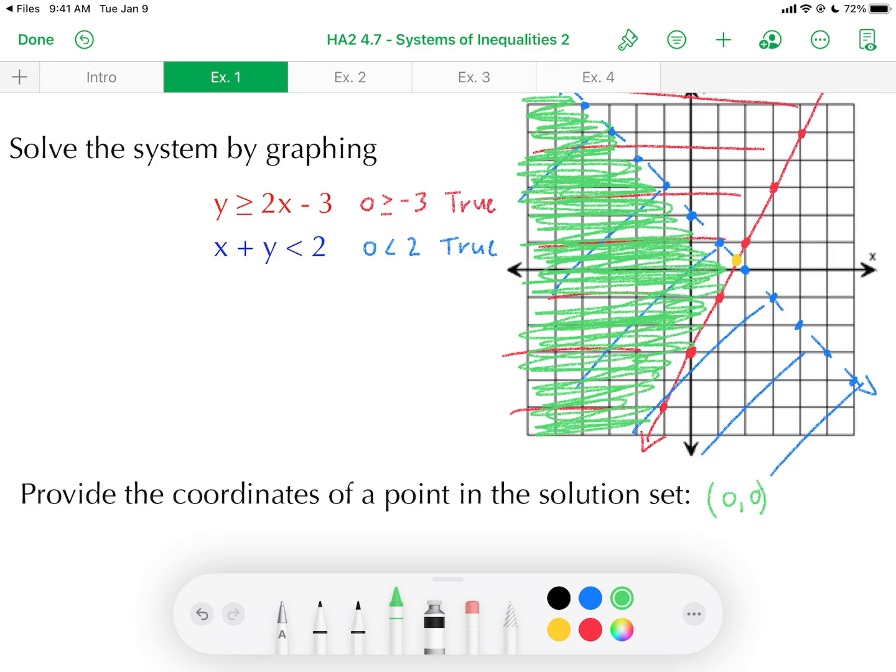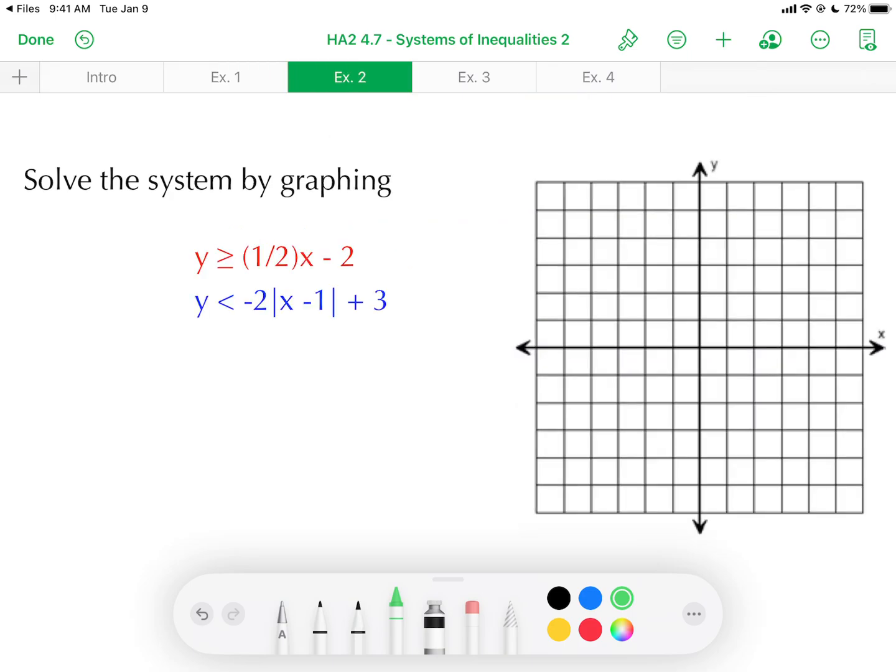All right. Moving forward, example 2 is a system of inequalities with a linear and an absolute value inequality. So let's start with the linear in red. Y-intercept is 2, slope is 1/2, so rise 1, run 2.